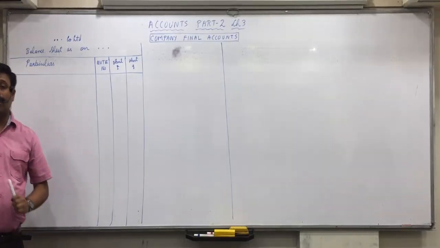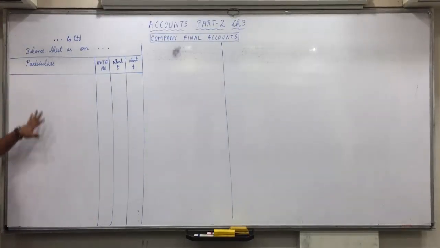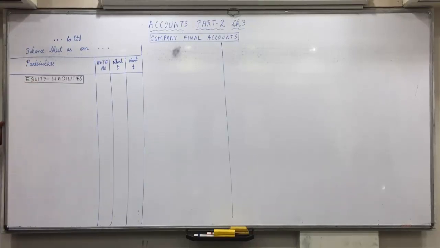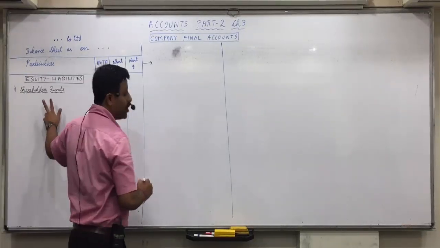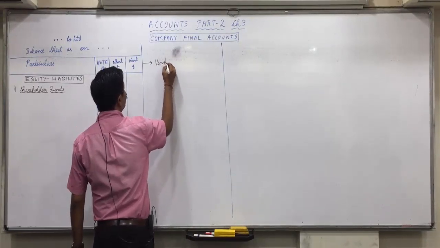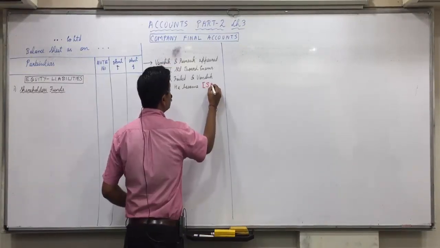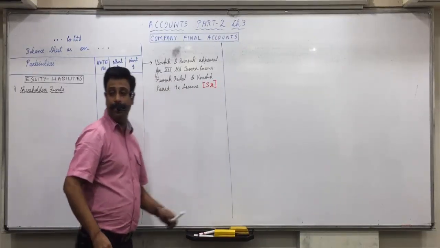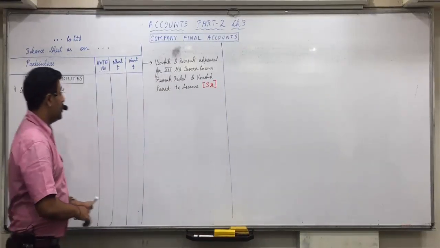Very first of all, vertical format. Instead of liabilities, what do we call? Equity and liabilities. Write down. Equity. Now, equity means shareholders' funds. Write the shortcut with pencil so that you can differentiate between them.